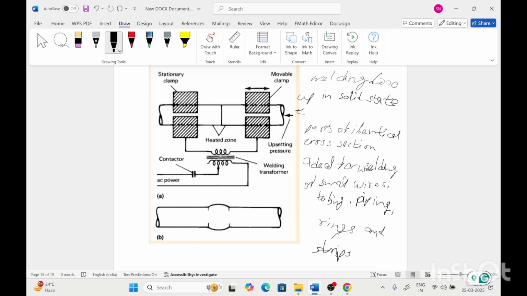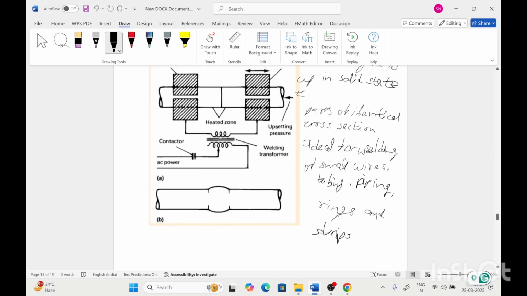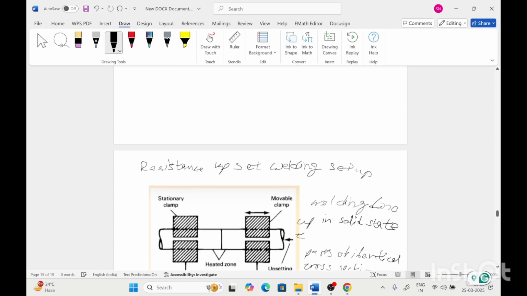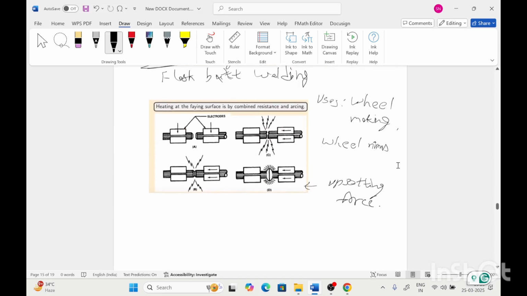In resistance upset welding, the interface preparation is also needed. The interface should be prepared. While in flash butt welding, where an arc is struck between the two rods, because of the arc there is no need to prepare the welding interfaces.